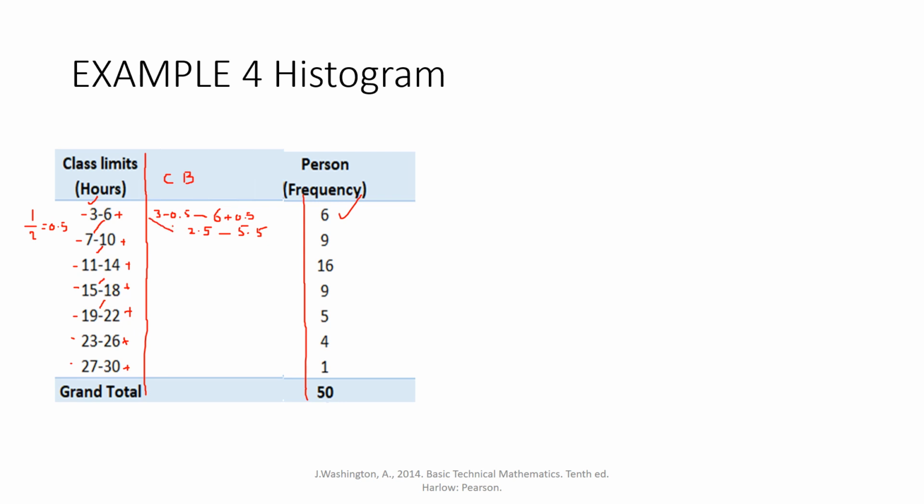So this will be the class boundary. And for this one, 7 minus 0.5, so it will be 6.5.